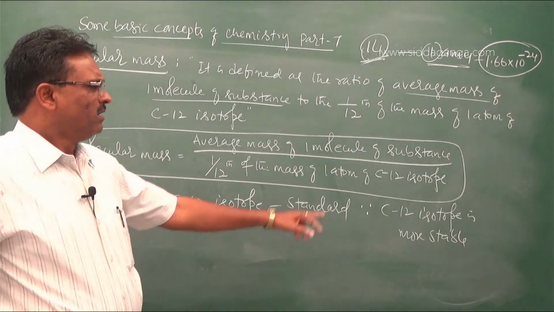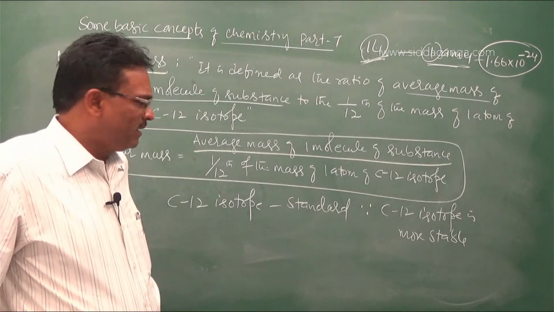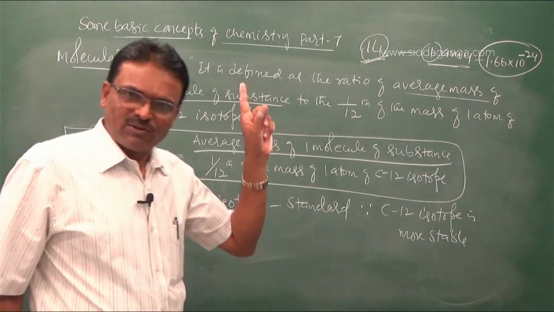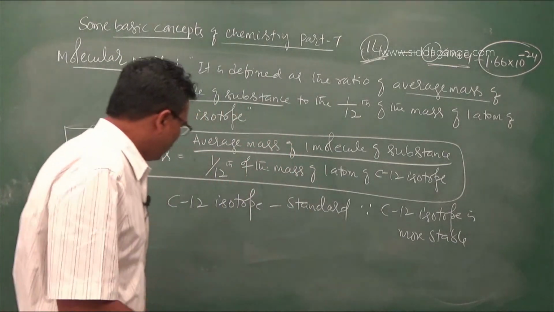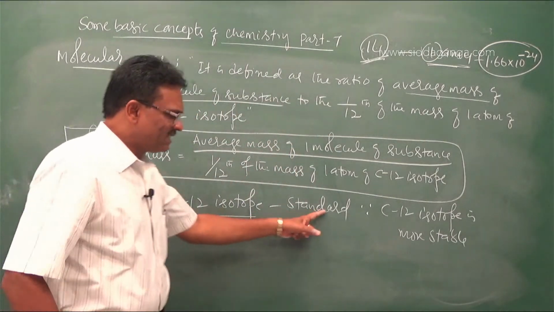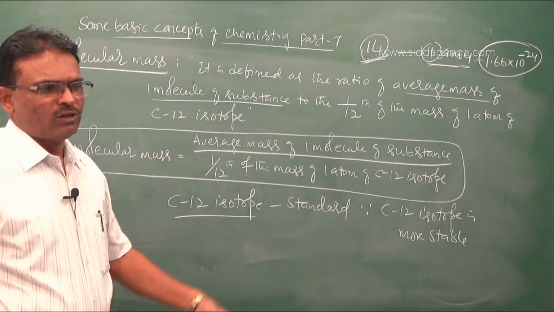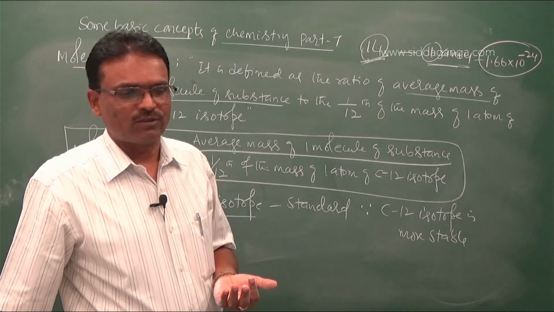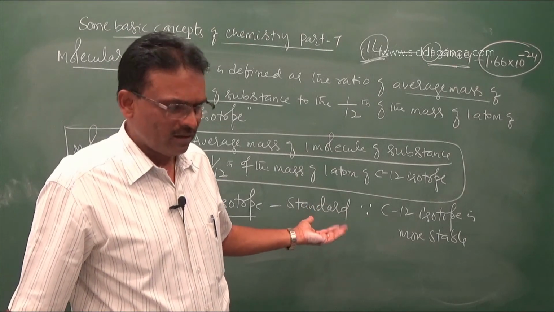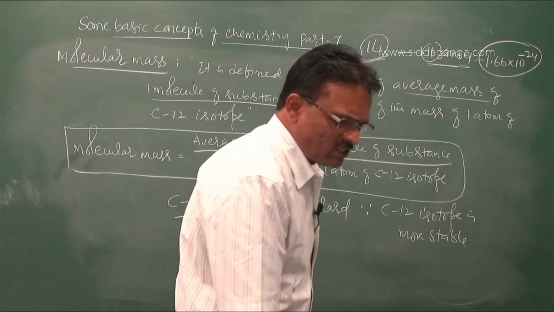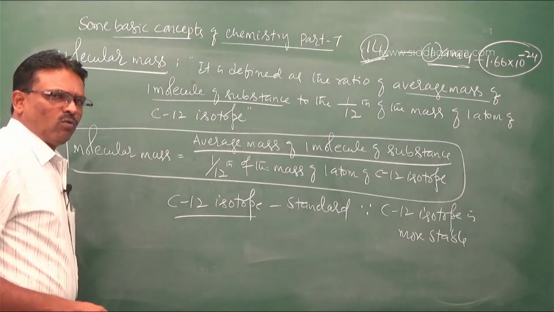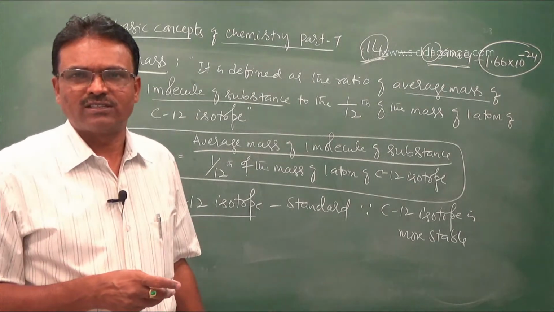Since it is the stable isotopic form of carbon, while determining the atomic mass as well as the molecular mass, carbon 12 isotope is used as standard. So which of the following element is used as standard in determining molecular mass of substance? Same. Clear?